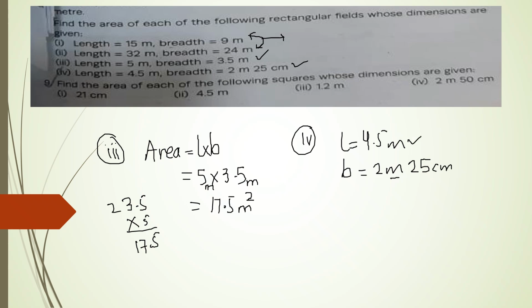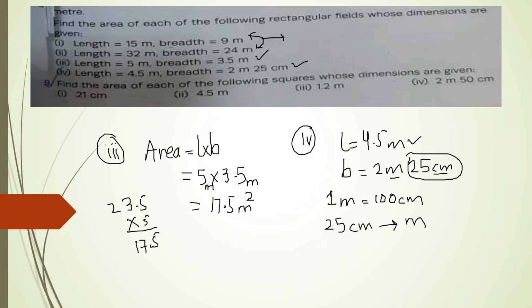We have meter as well as centimeter. So to make this all meters, we need to convert this 25 centimeter also into meters. We also know that 1 meter is equal to 100 centimeter, right? So now we have to convert 25 centimeter into meters.